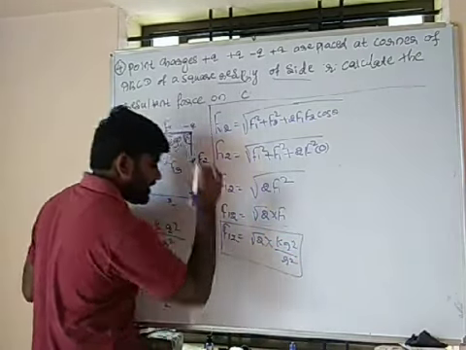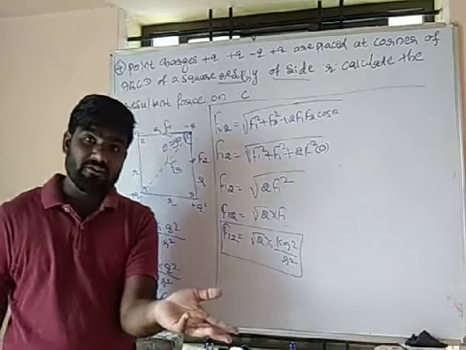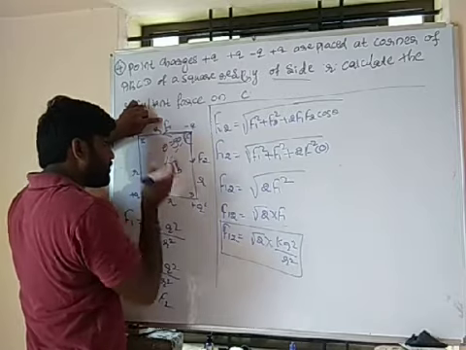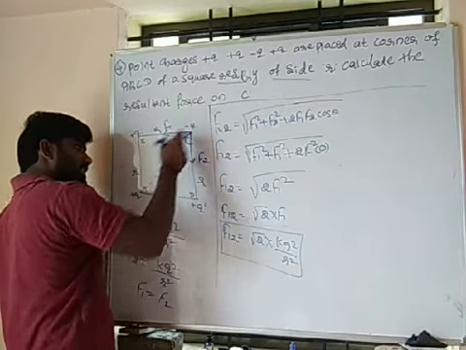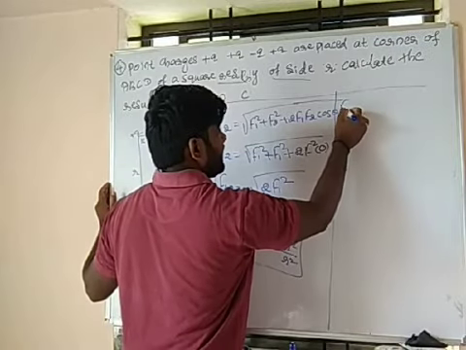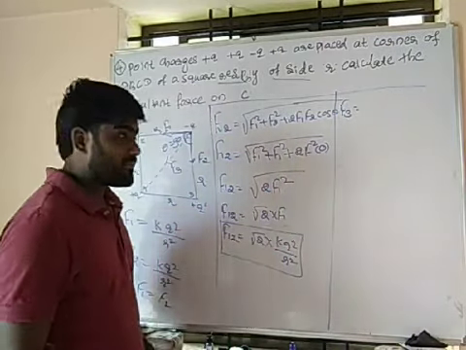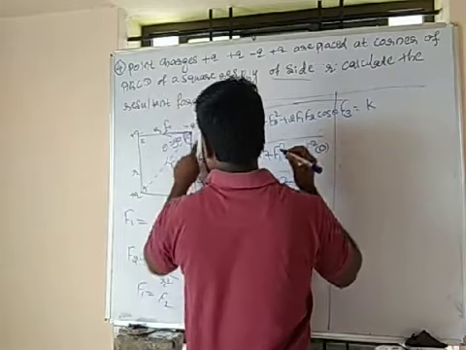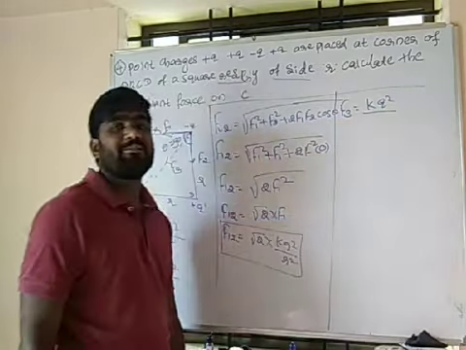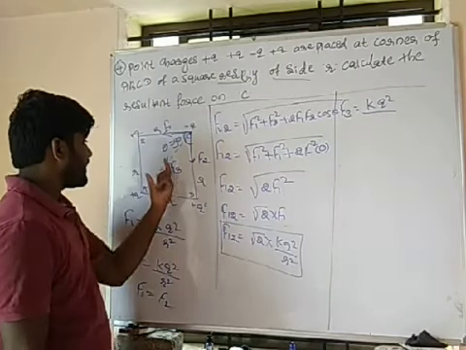I had calculated F12. Again I have to calculate F3. These two forces I had calculated. One more force is there. What is that force? This force. So this F3 is equal to K Q into Q, it is also Q square, divided by, it is very important over here.